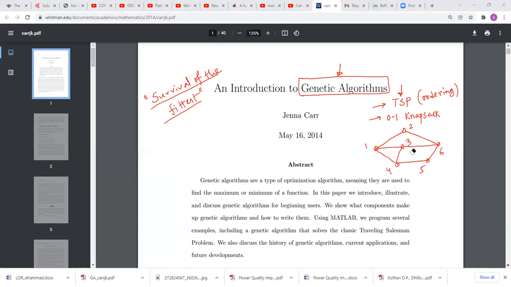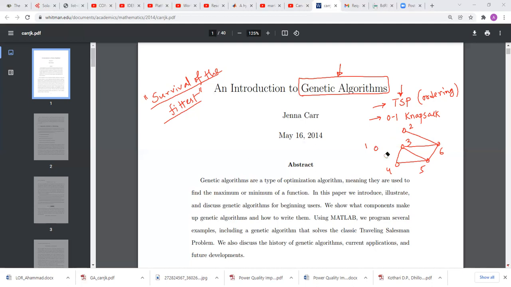As you know, these are the weights or costs for traveling from one city to another, and these are the nodes 1 to 6. Six cities are to be traveled, and the salesman has to start from any of the six cities, but he has to complete his travel touching all the cities, without crossing his way and without repeating a city.